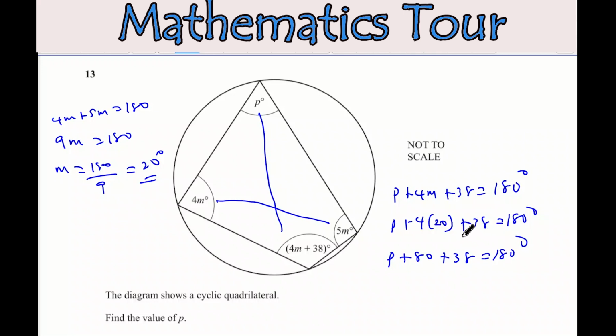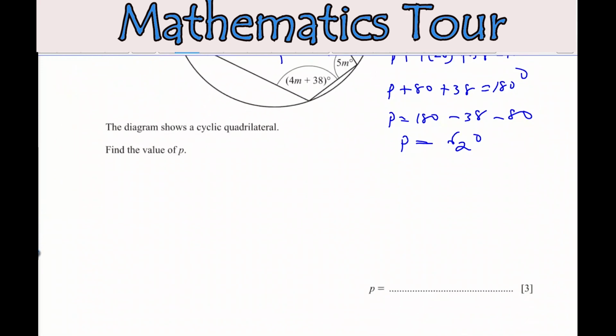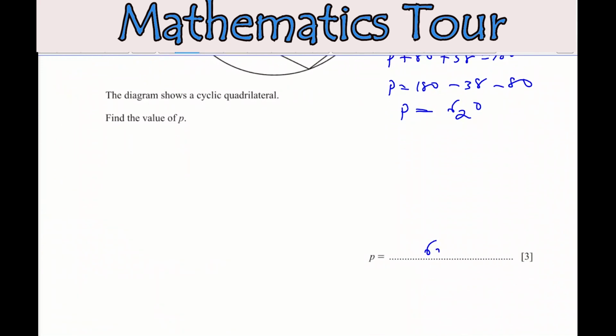So I can just subtract everything directly. So p will be equals to 180 minus 38 minus 80. So the value of p should be equals to 62 degrees. So that is pretty straightforward, 62 degrees.